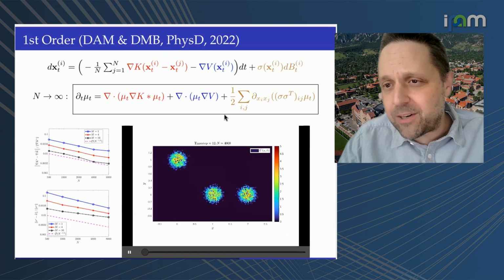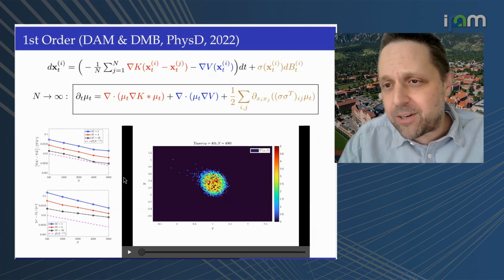So this is now a histogram of the previous picture, and this is the data that is being fed into the weak form sparse identification of nonlinear dynamics algorithm. Doing this, given a set of libraries of terms, we can recover basically the red, blue, and brown terms. This is a little bit small, but on the vertical axis here is the error in the learned interaction potential, and this is the error in the diffusivity.